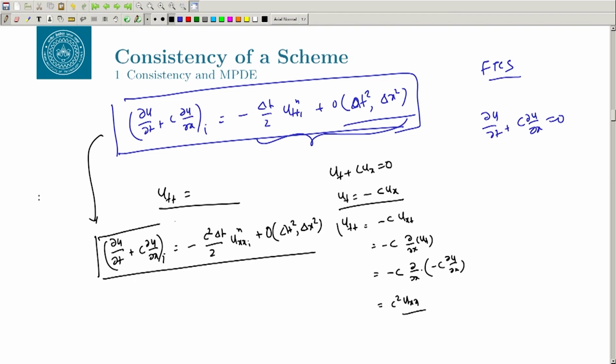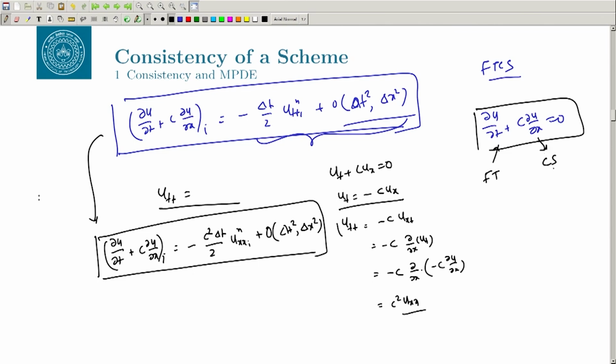So, we wanted to solve a problem which was basically del u by del t plus c del u by del x equal to 0, but because of our choice of discretization scheme, which is forward in time and central in space, we are solving an equation which looks like this.